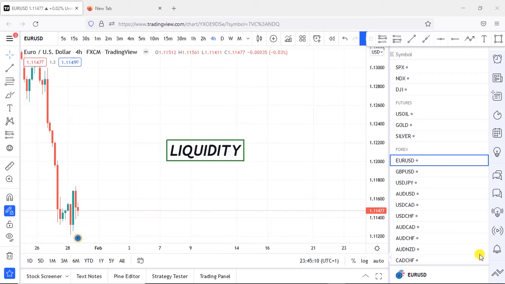So if the trade hits their stop loss, they lose the money they used in opening the trade to the market, or to the big players. That money the market collects from them is what is called liquidity.